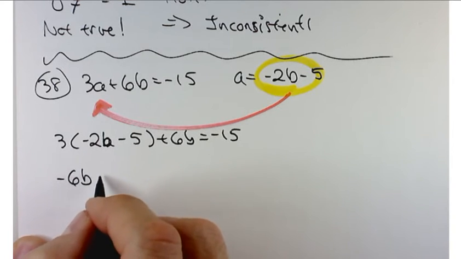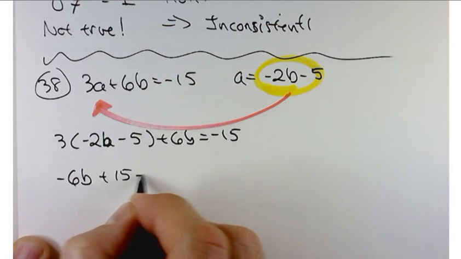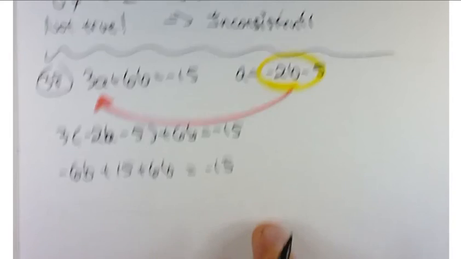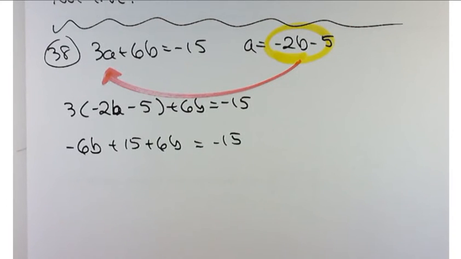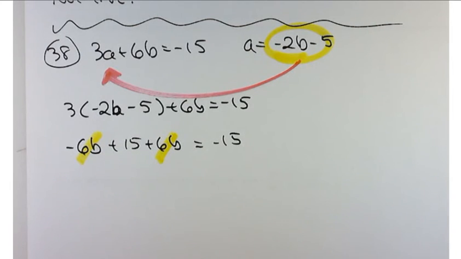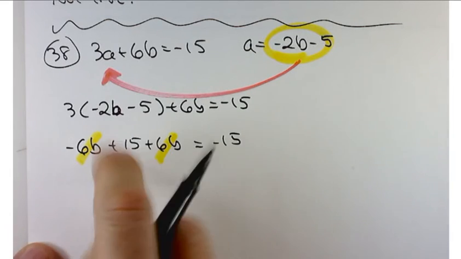Negative 6b plus 15 plus 6b equals negative 15. And let's see. Well, these cancel each other out, right? What am I left with? You know what? That should have been a negative 15.